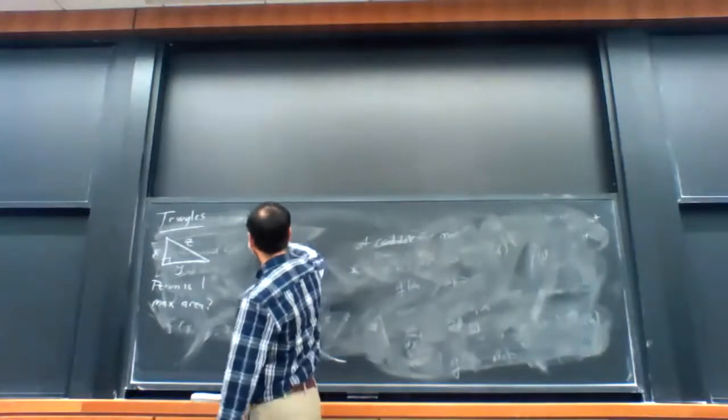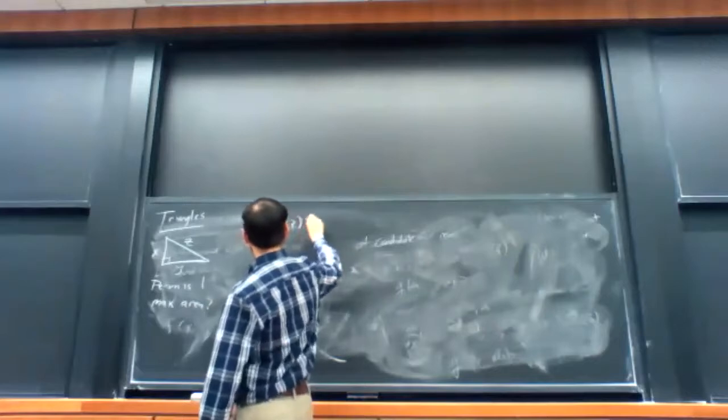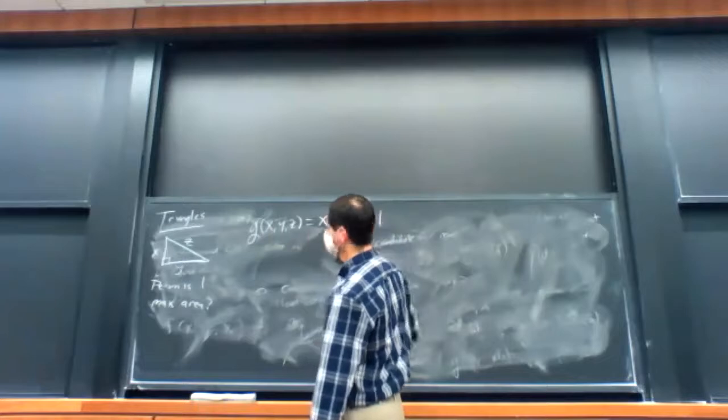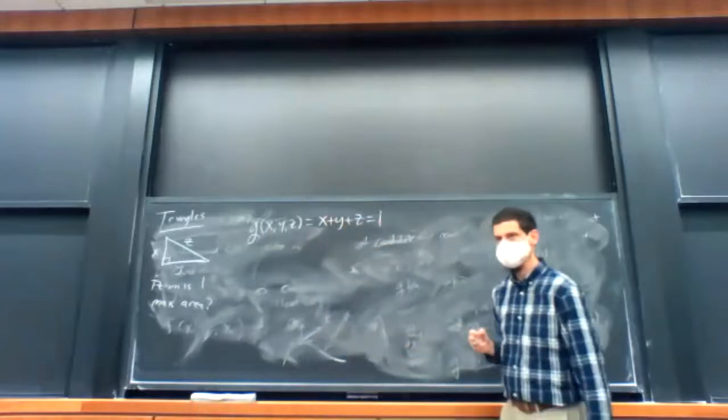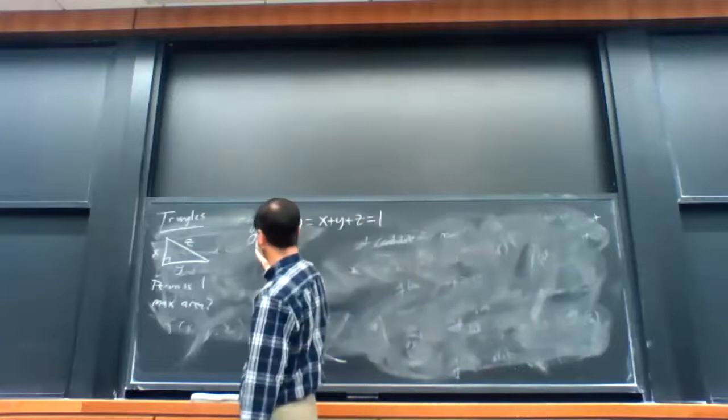Well, what's our constraint? G of x, y, z is x plus y plus z equals 1. And what's the function we're trying to maximize?